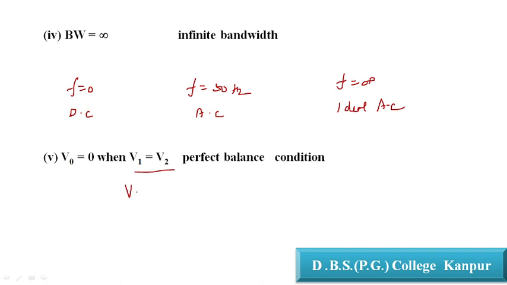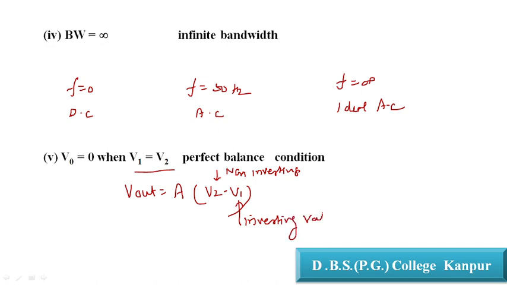The output voltage of the operational amplifier is V2 minus V1. V2 इज नॉन इन्वर्टिंग वोल्टेज एंड V1 इज इन्वर्टिंग वोल्टेज. इन्वर्टिंग वोल्टेज means negative sign, so it acts as a differential amplifier.